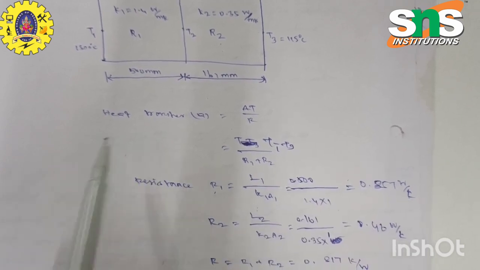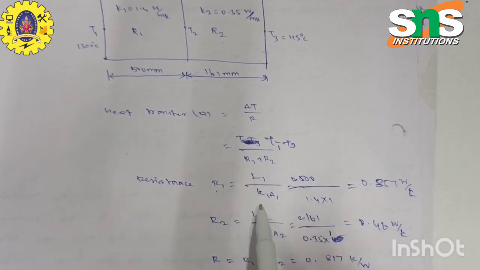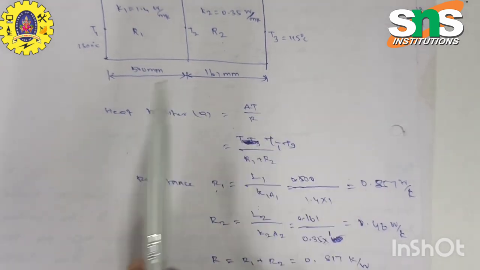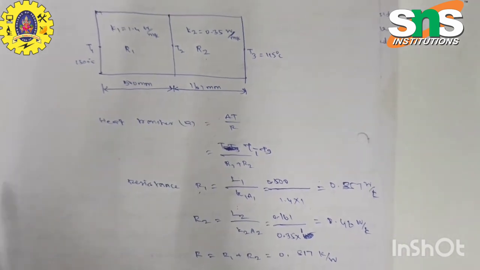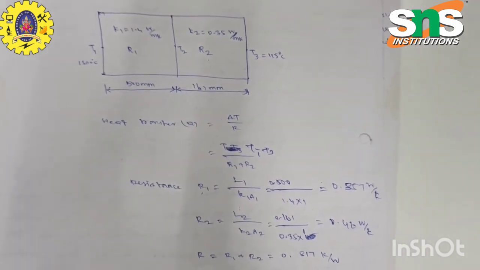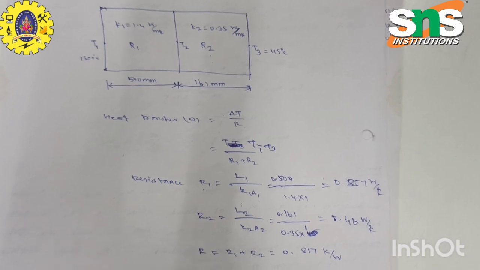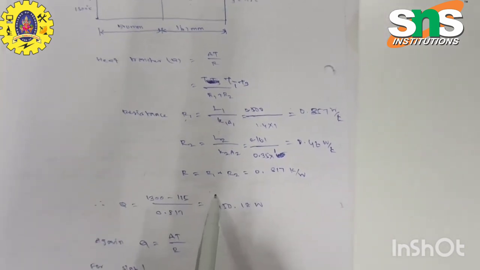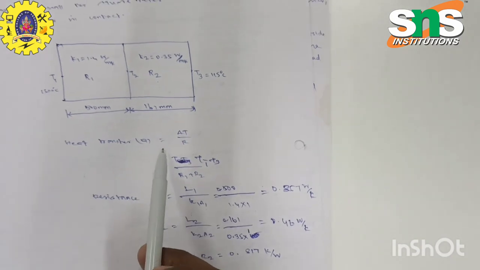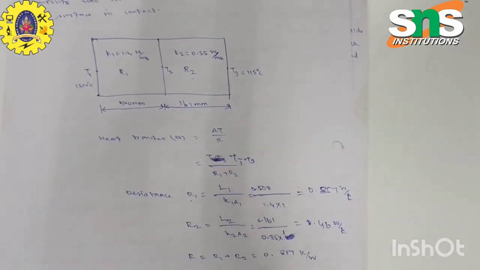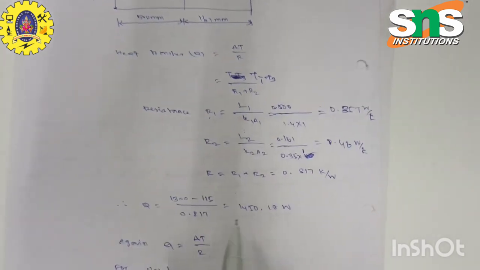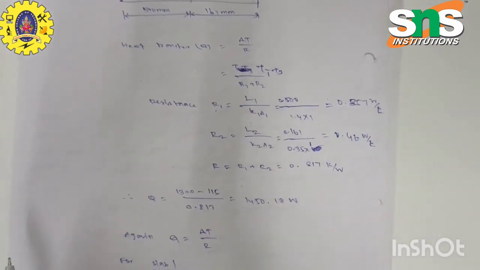We substitute L by KA for both section 1 and section 2. From the given properties we get the total resistance R of the composite wall, and substitute this R value in the basic equation Q equal to del T by R, where del T is the temperature difference, and we get the heat transfer as 1450.18 watt.